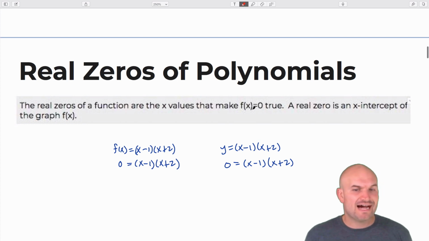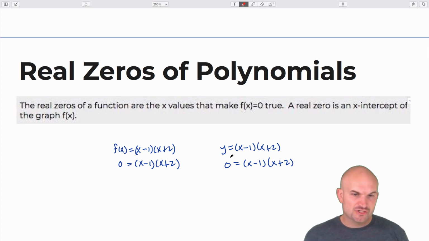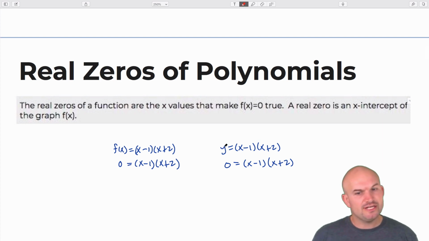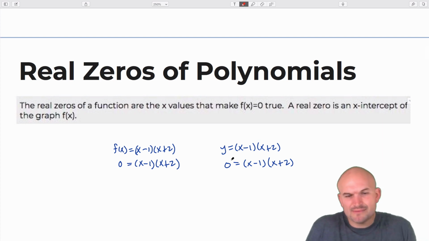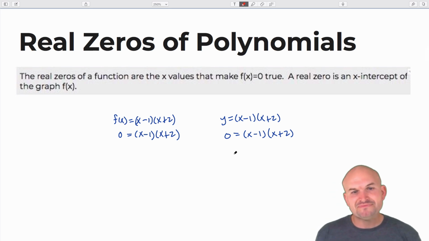We're looking for when f of x is equal to 0. So if you have a function in function notation and you want to find the zeros, you're going to replace f of x with 0. If you have a function in y equals notation, then you're just going to replace y with 0. This is something you are familiar with. In quadratics, we might have said find the roots, or find the solutions, or find the x-intercepts. Now we're just using the vocabulary of the zeros. And again, today we're only going to focus on the real zeros.